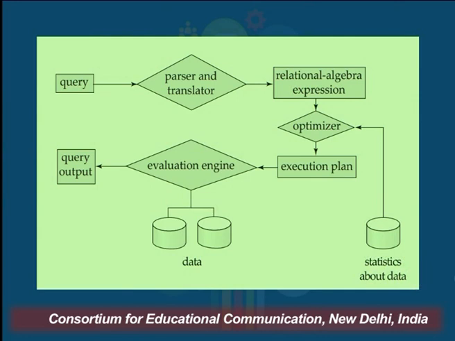Your optimizer needs all this information, because the task of the optimizer is to pick the algorithm which is cheapest in terms of resources, and through that algorithm we are going to have the result of the query in its best possible form. So the query, after being parsed and translated, is converted into a relational algebra expression, and then it takes input from the statistics available about the data.